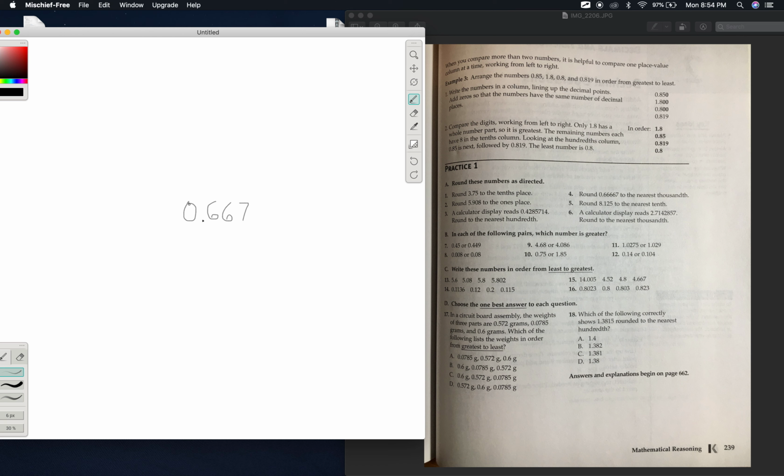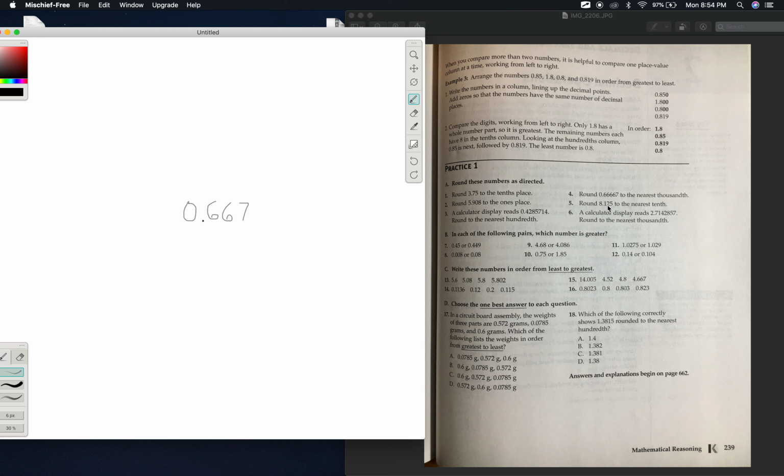Okay, so next one is number 5. Round 8.125 to the nearest tenth. So remember, nearest tenth is not the ones place. Okay, so they're changing it up on us. What do you know? Since the hundredths place, which is the one to the right of the tenths, is a 2, it is 4 or lower.